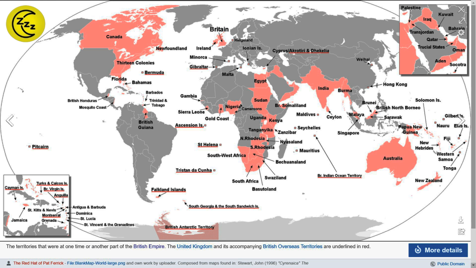The rest of the British Empire consisted for the most part of colonies and other dependencies whose predominant indigenous populations had no such experience.